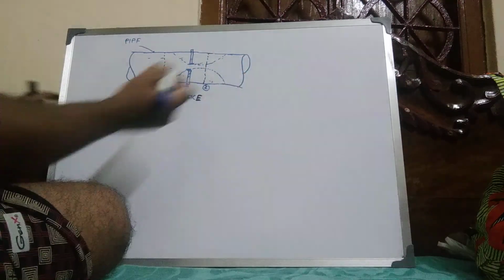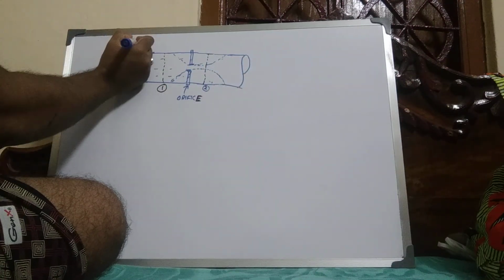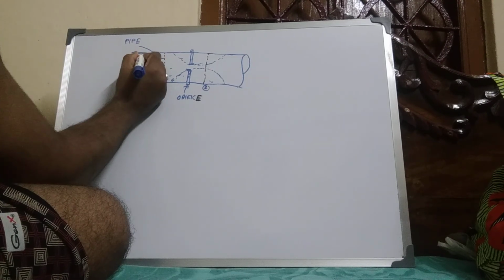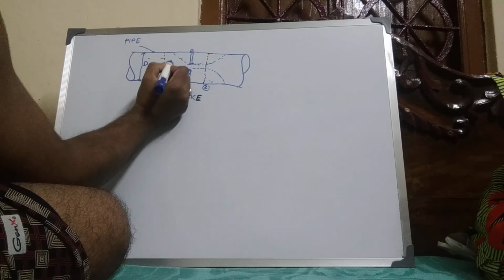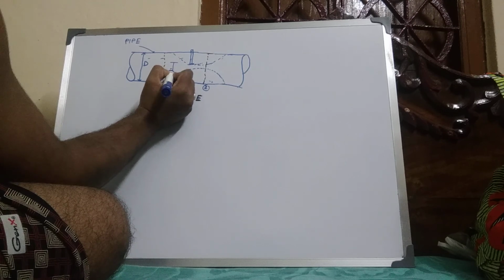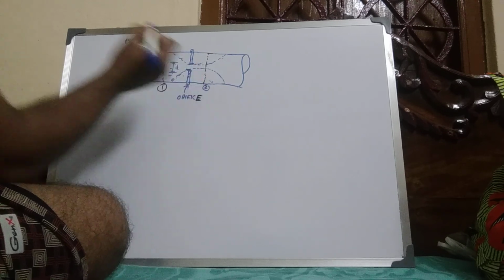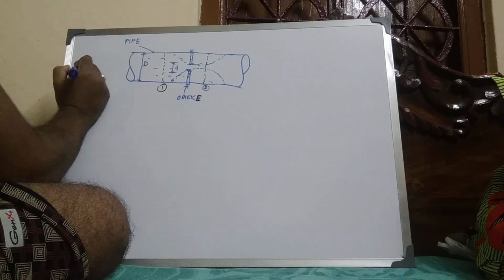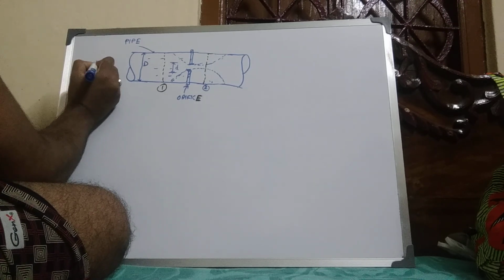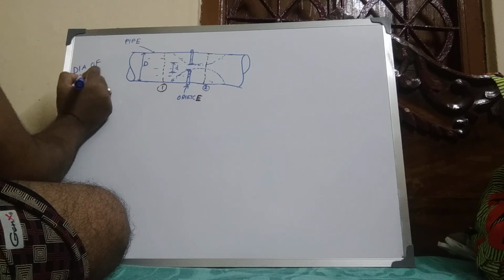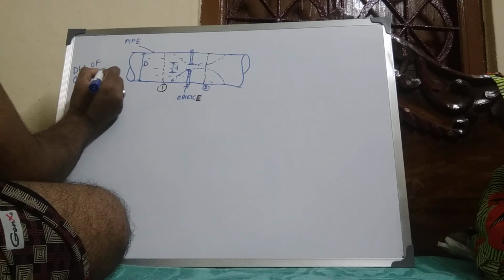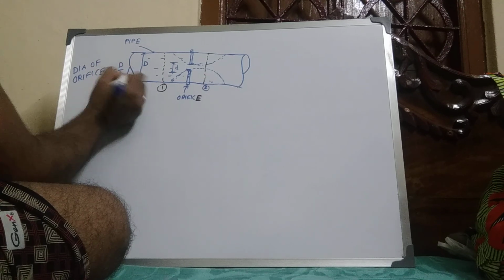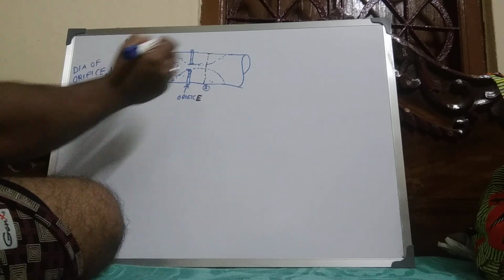This is the pipe, and the diameter of the pipe is D, and the diameter of the orifice is small d, where the diameter of the orifice d equals D by 2, half the diameter of the pipe.